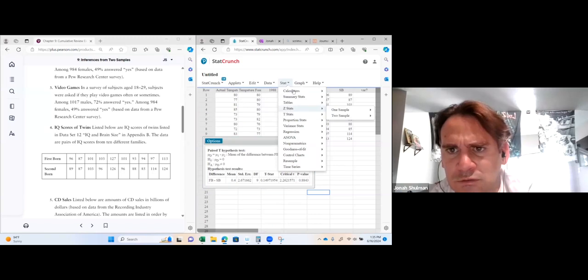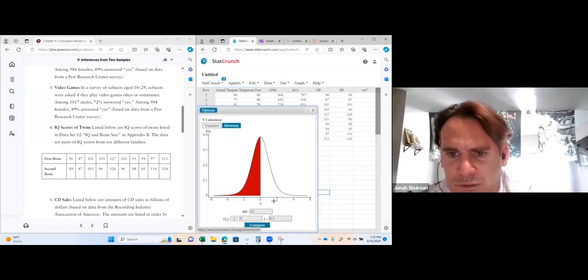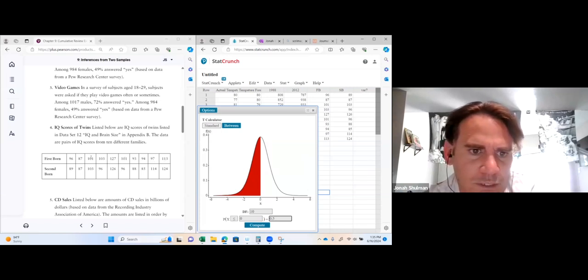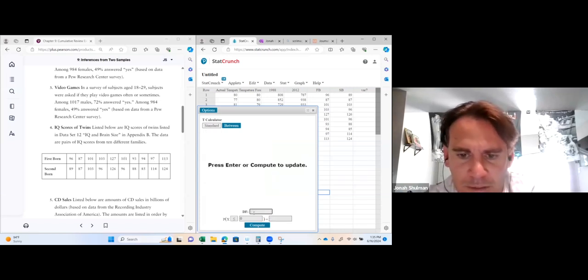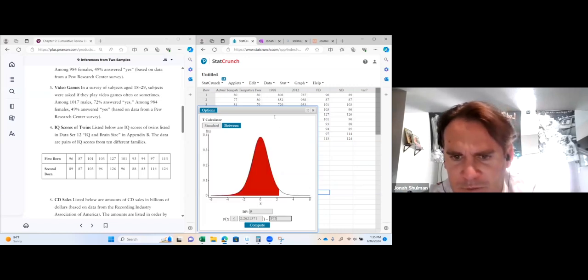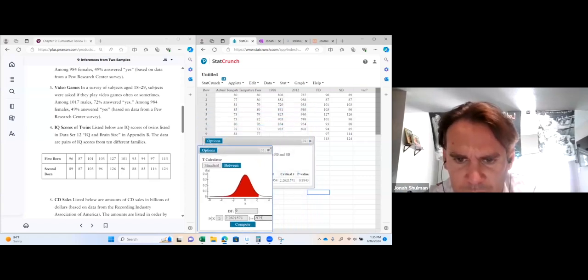So we got to go to calculator, t-test. Our degrees of freedom is 1, 2, 3, 4, 5, 6, 7, 8, 9, 10. So this is 9. And we have 0.975 because it's two-tailed instead of one-tailed. And so we have a critical value of 2.26.